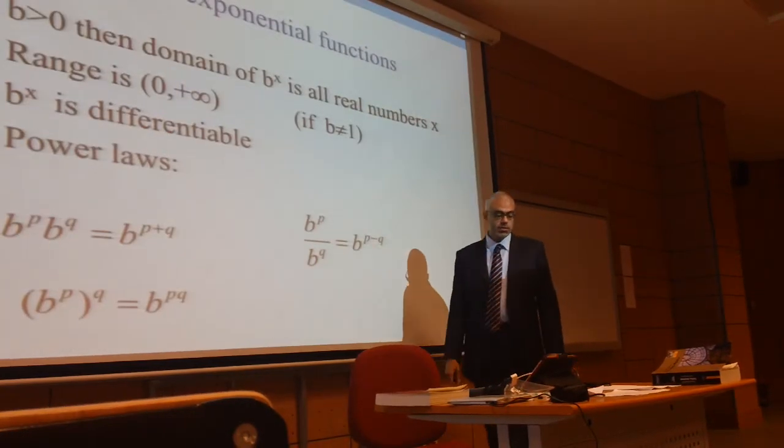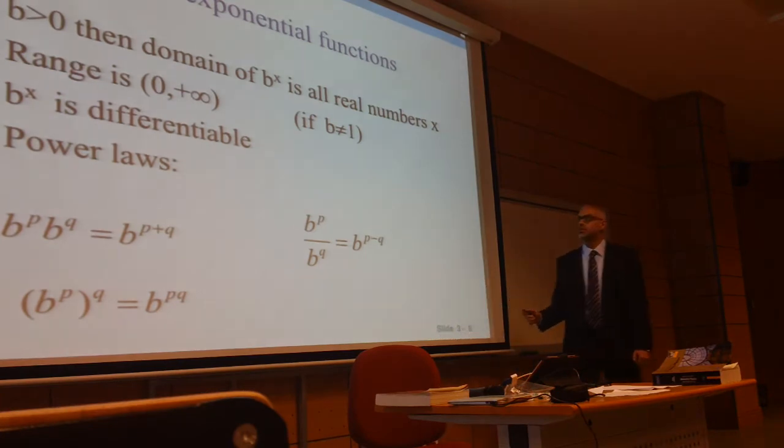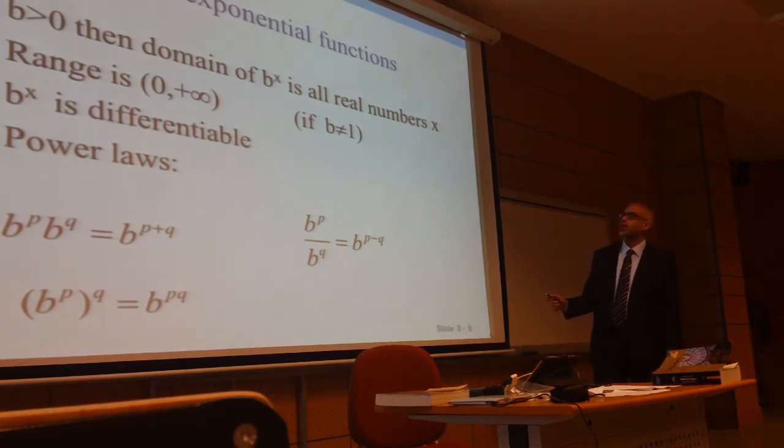The properties of this exponential function: b is greater than 0. The domain of b to the power x is all real numbers. The range is from 0 to plus infinity if b is not equal to 1.